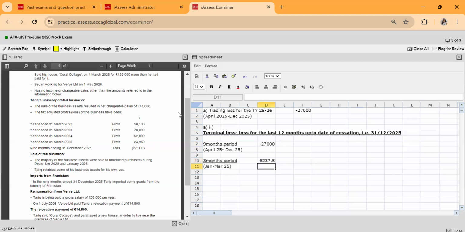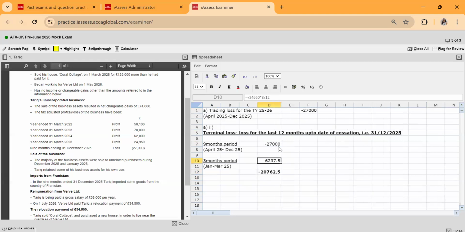You get here 6,238. Now just do the adjustment and you will get the complete terminal loss. So the terminal loss is 20,763.